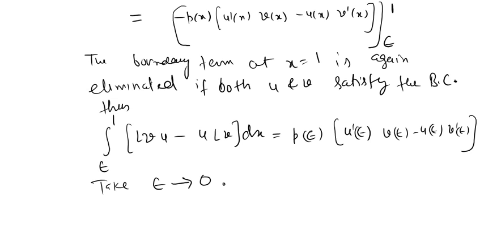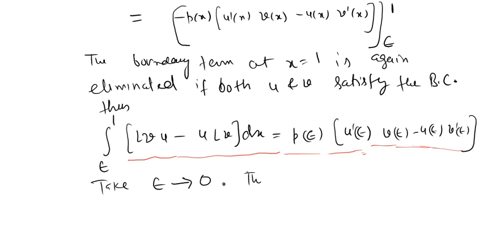So this is the condition. You need to satisfy the boundary condition in a manner so that this is equal to this. At the end you take the limit epsilon goes to 0.